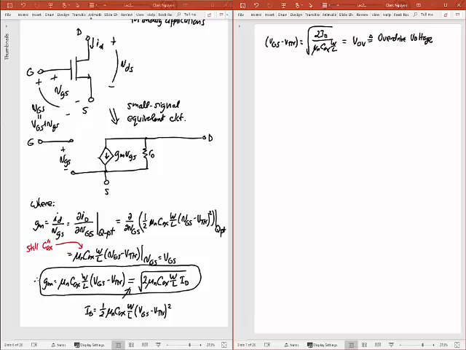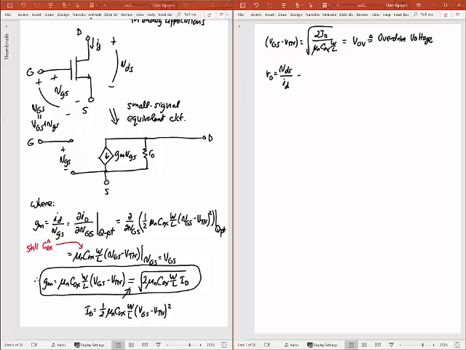Now all I need to do is get r naught here. And so how do I get r naught? Same thing as for the bipolar case, except now I'm using MOS variables. So I need VDS, the voltage across this. I guess I got to make that look like an ID. VDS divided by ID is going to be that r naught. Well, I don't have an equation for VDS in terms of ID, but I do have ID in terms of VDS.